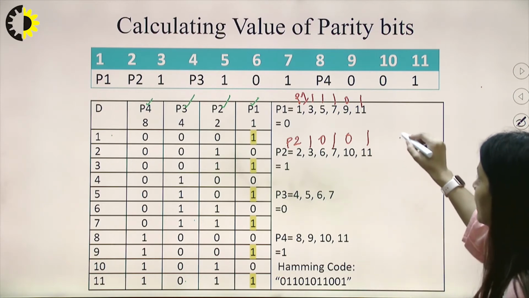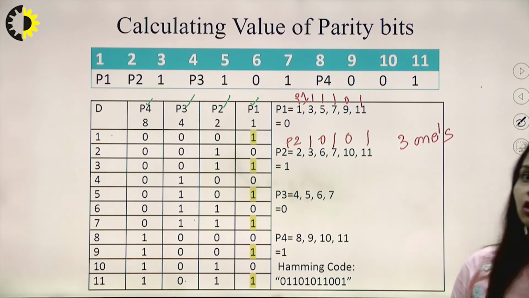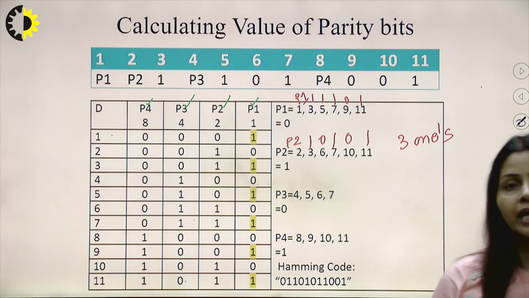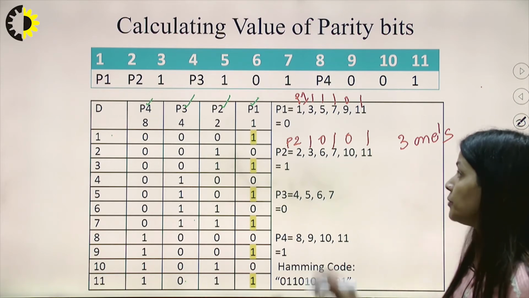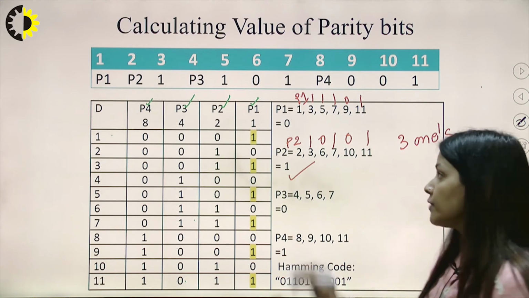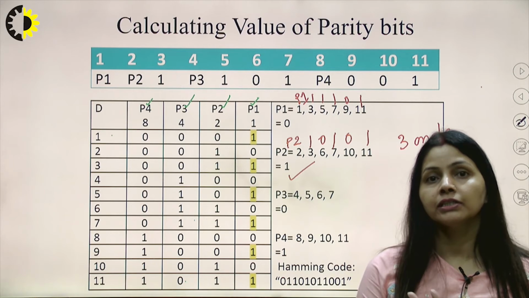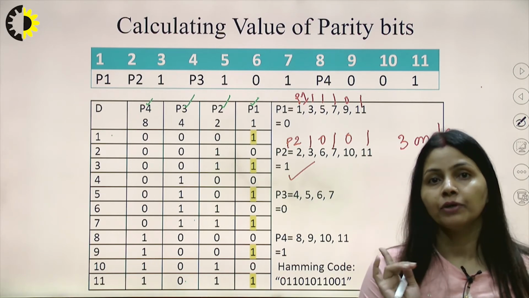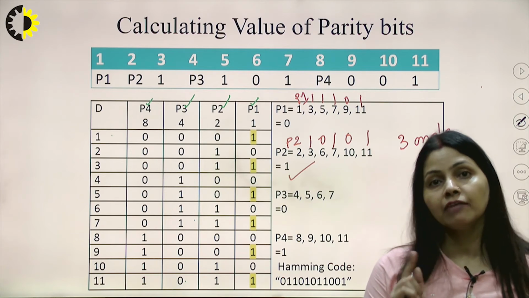So I have 3 ones. If I want to maintain even parity, I should make it 4. So I will take my P2 as 1. Okay. If I add P2 as 1, then it will have 4 ones, and 4 is an even number. So I will select P2 as 1 to make even parity.